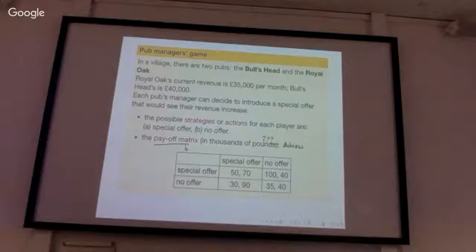So what's going to happen here? The Royal Oak is the row player, and the Bull's Head is the column player.